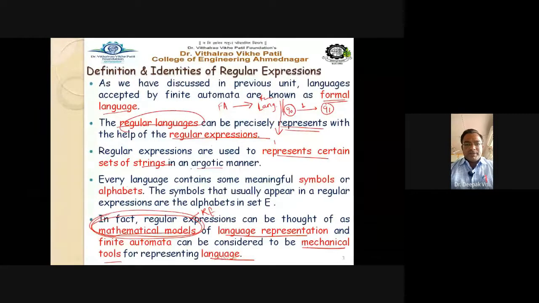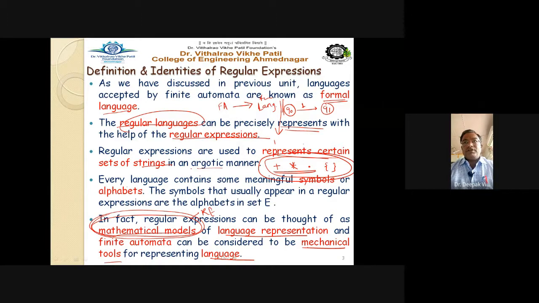Now, which are the mathematical tools? You have the plus operator, the multiplication operator, the dot operator, and the parenthesis. All these are the mathematical operators we are going to use. And we have the input alphabet, that is sigma.